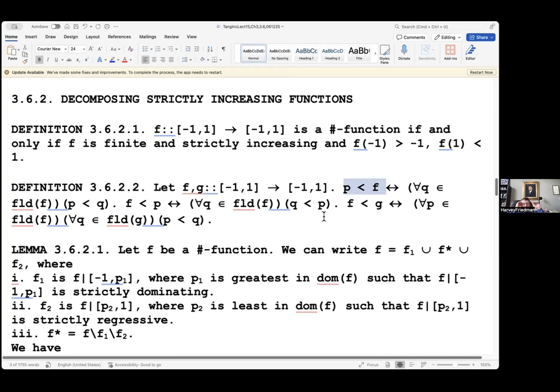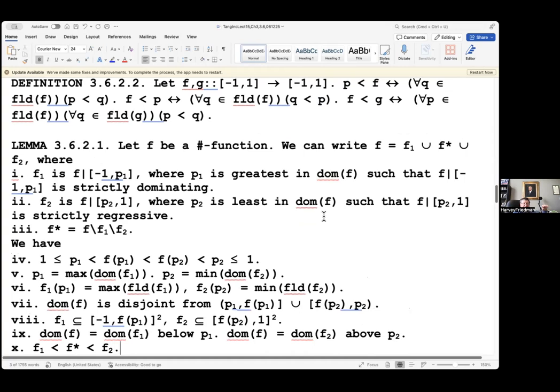And f is less than g if and only if, given anything in the field of f and anything in the field of g, the former is smaller than the latter. That means that the entire function g lives higher than the entire function f. All right, so we need this decomposition lemma.